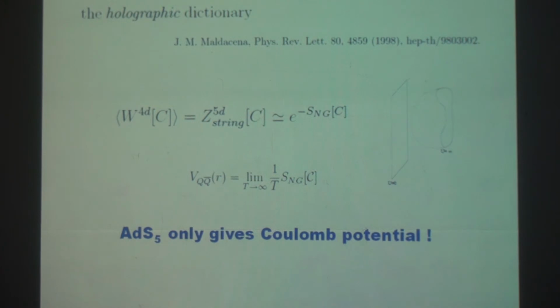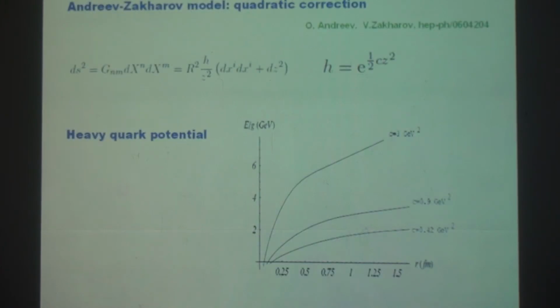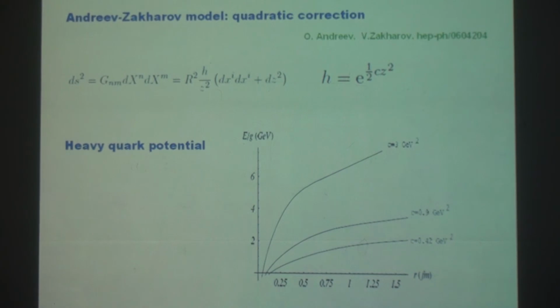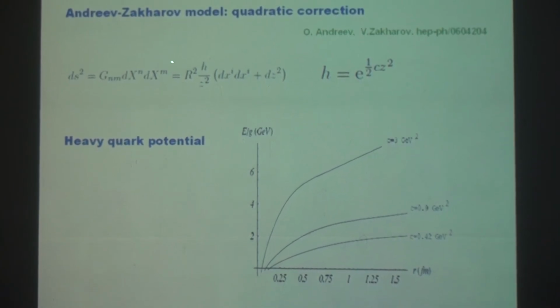And there are some efforts to improve this. For example, Andreev-Zakharov introduced a metric, because you need to modify the metric. It's a little bit like a dilaton field, but not in the action, in the metric.